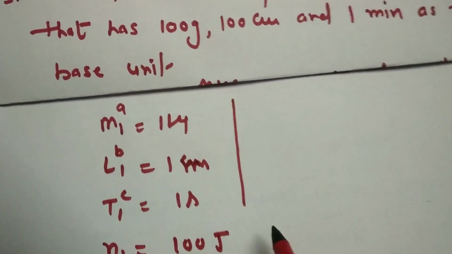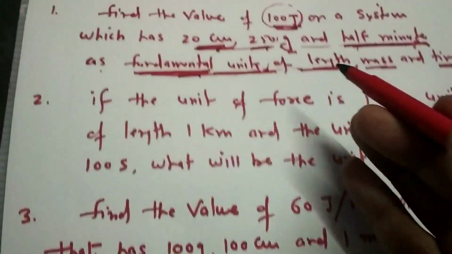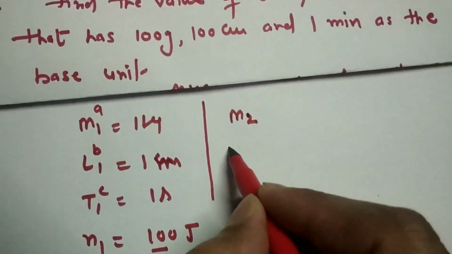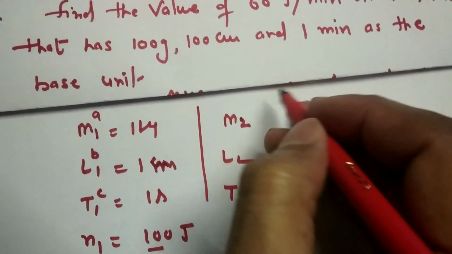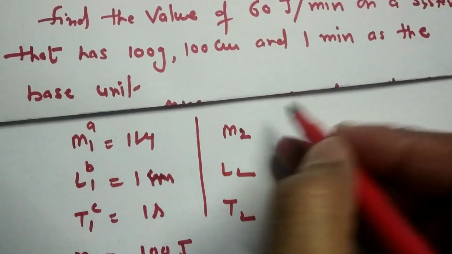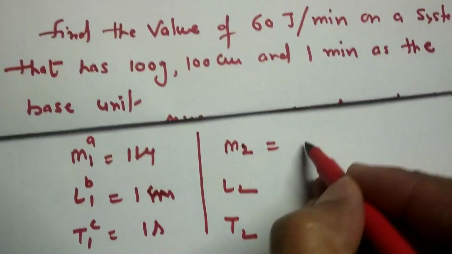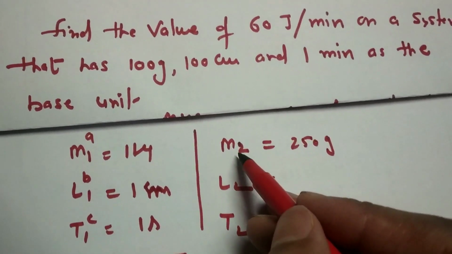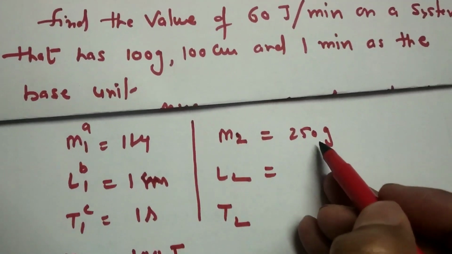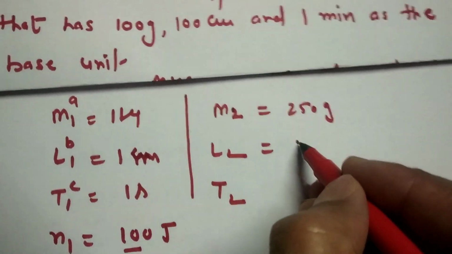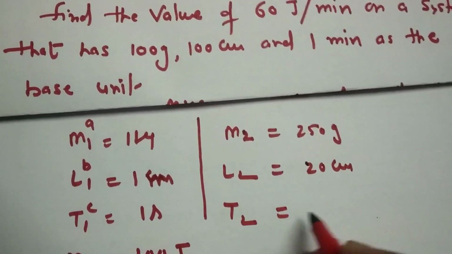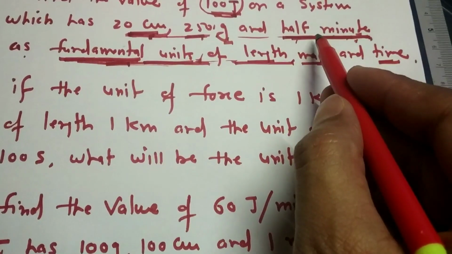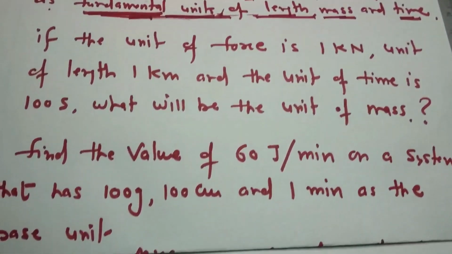We have to convert 100 joule into the given system. The given system is M2 L2 T2. M2 is already given as 250 gram, L2 is already given as 20 centimeter, and T2 is half minute. Half minute means 30 seconds.